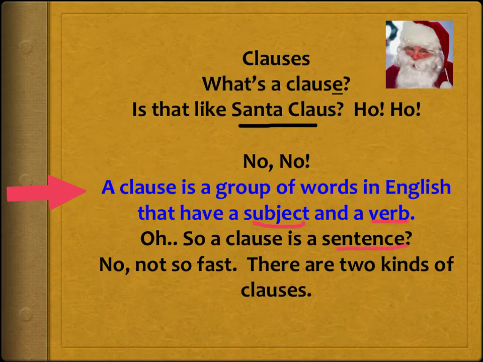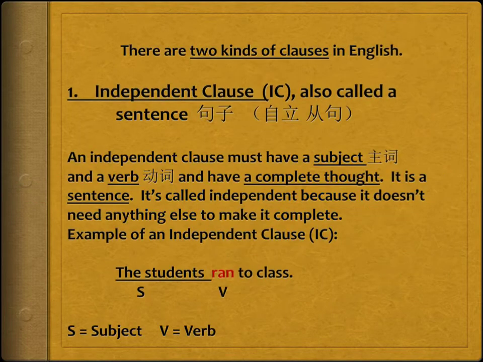No, not so fast. There are two kinds of clauses, an independent clause, and let's talk about an independent clause. An independent clause is a sentence, a 句子. Independent, 自理, meaning that it can stand all by itself.